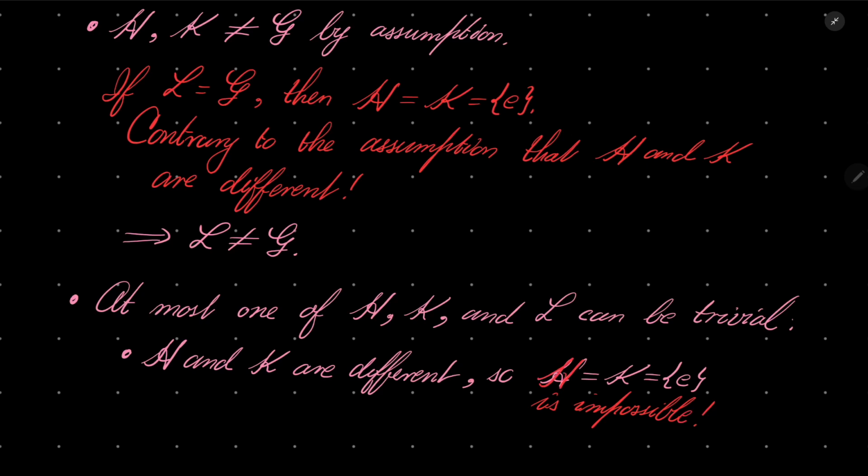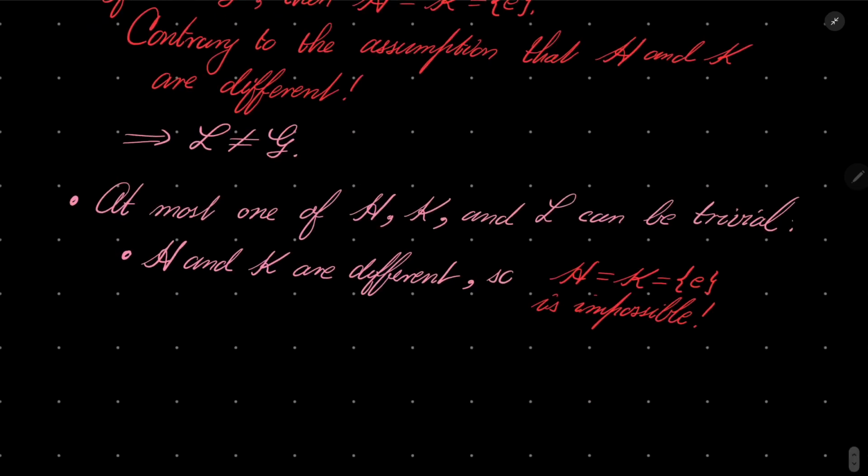Let's write it in red. It's impossible. Well, for example, can K and L be trivial? Well, if K equals L equals trivial subgroup E, let's take a look.